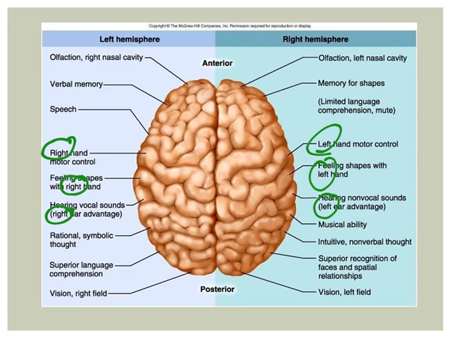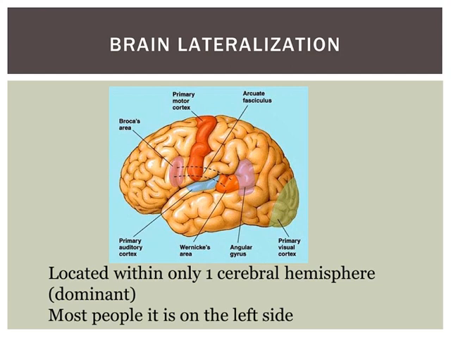Now, what I do want to mention is what you see here. On the left side, you see speech. You see superior language comprehension. There is true hemispheric lateralization in regards to speech. I just want you to be aware of, because we will be discussing it, Broca's area, which is in the frontal lobe.